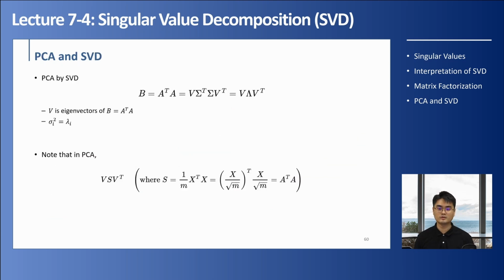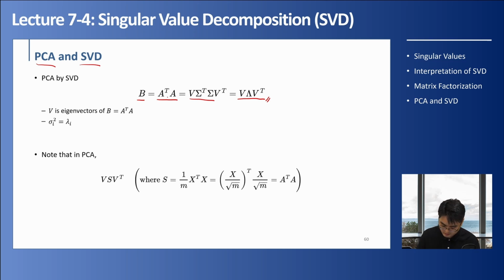Now let's also take a look into the relationship between PCA and SVD. So let's think about, we have this B matrix, which is actually A transpose A. And we know that we can do some eigendecomposition because here, this B is a square matrix. And then we can decompose this into V times lambda times V transpose.